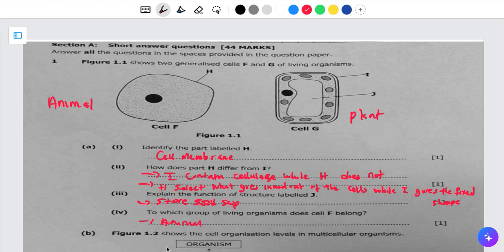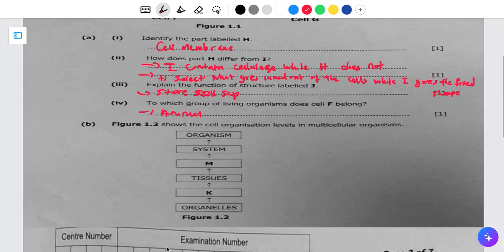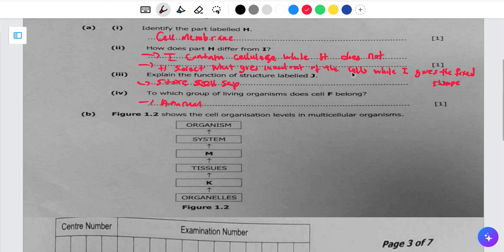Then the following questions. So we have B. Figure 1.2 shows the cell organization levels in multicellular organisms. We need to start from organelles, then cells, then K, tissue, then M, then system, then organism.